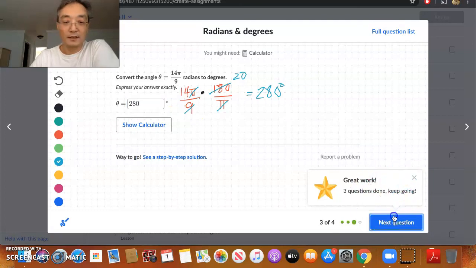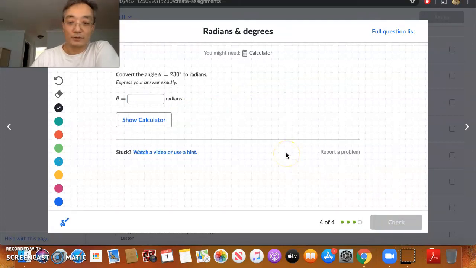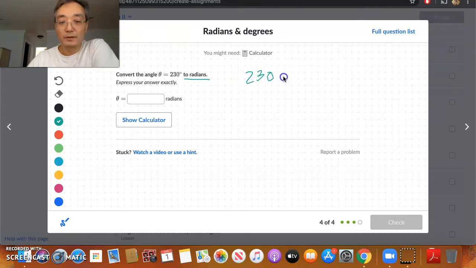All right, and one more. We have 230 degrees, and we're going to radians, so the pi is going to be on the top. So it's going to be 230 times pi over 180. We could put a 1 underneath. Let's do the multiplication now. Definitely pi is going to be in our answer.